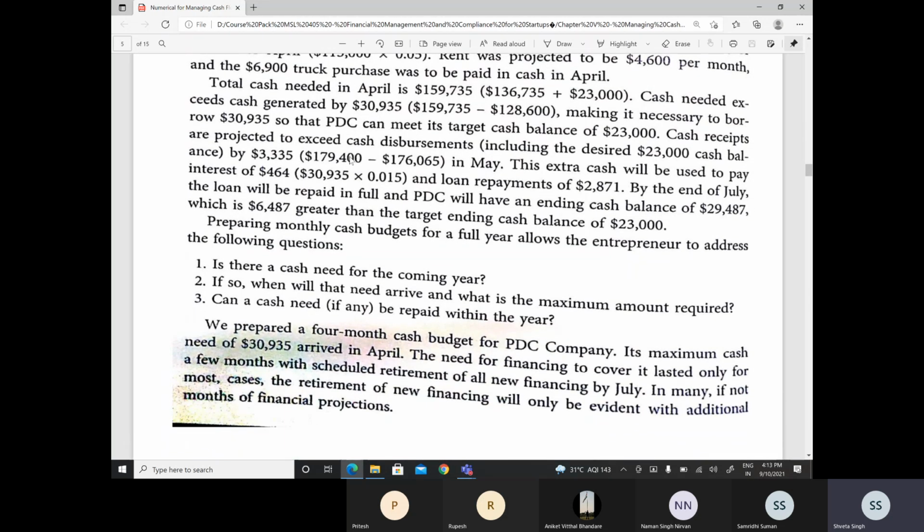So total cash needed in April is 159,735. That is all the disbursements plus the desired level of cash that is required. Cash needed exceeds cash generated by 30,935, making it necessary to borrow 30,935 so that PDC can meet its target cash balance of 23,000.